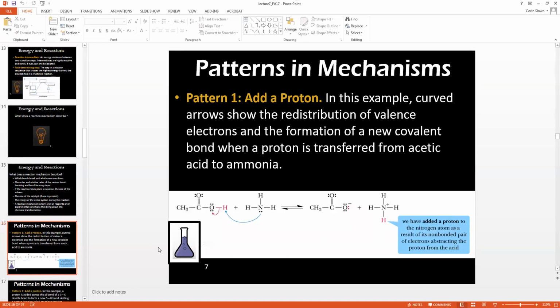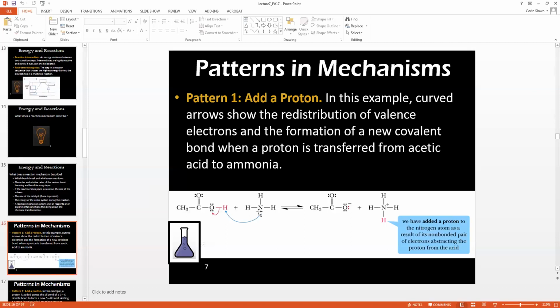This is going to indicate anytime we're looking at a reaction mechanism, and specifically when we're looking at reaction mechanisms and patterns. Here, ammonia is a base, and my acetic acid I know is my stronger acid. It's not a strong acid because it has a pKa of 4.76, but it is stronger as an acid than ammonia.